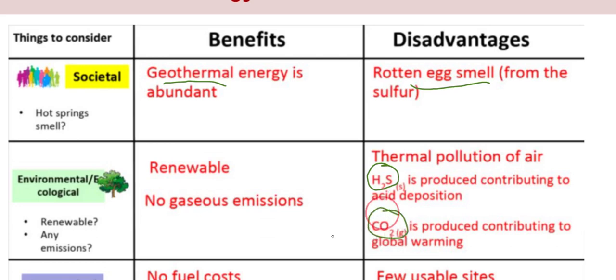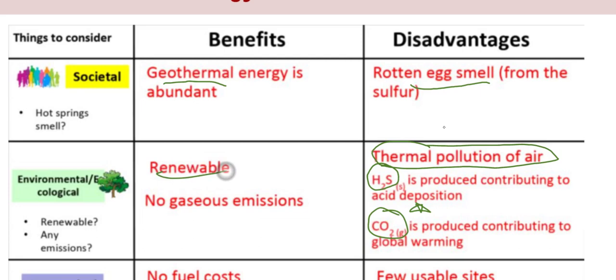Also, carbon dioxide can be released as well. So it's a lot less than with a fossil fuel, but just keep in mind that it's not emission free. Okay, so there are some emissions of hydrogen sulfide and carbon dioxide. Also, there is thermal pollution of the air. You need to actually cool that water down again before you can pump it down into the earth and create the steam.